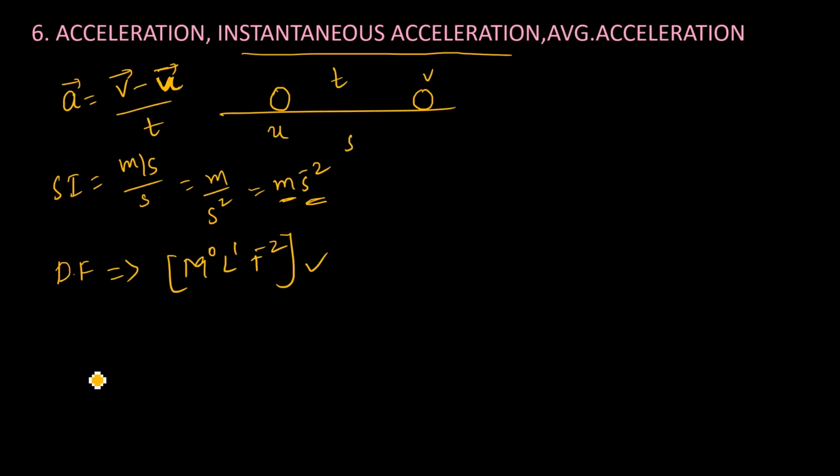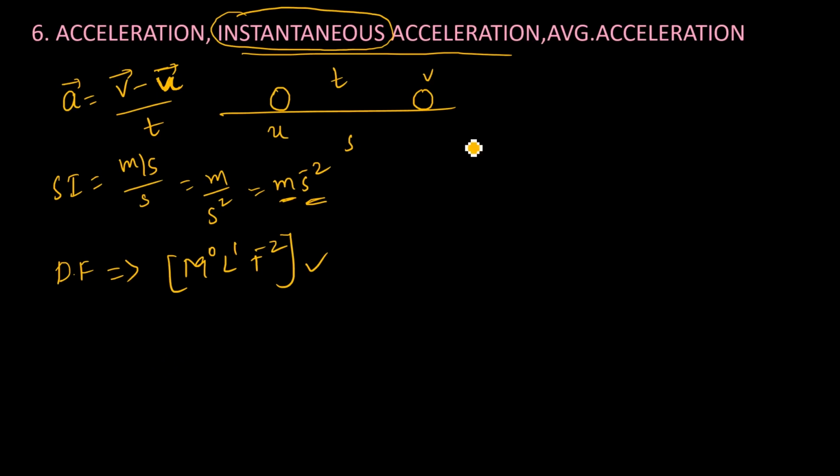Instantaneous means at that particular point, at that particular instant, at that particular situation. What is speed of the body? Instantaneous speed. What is the velocity of the body? Instantaneous velocity. At that particular instant, what is the acceleration of the body? That is instantaneous acceleration. Great.